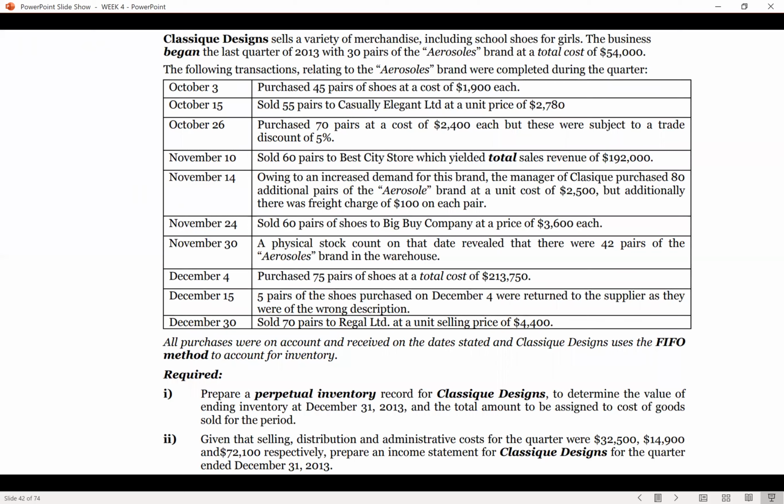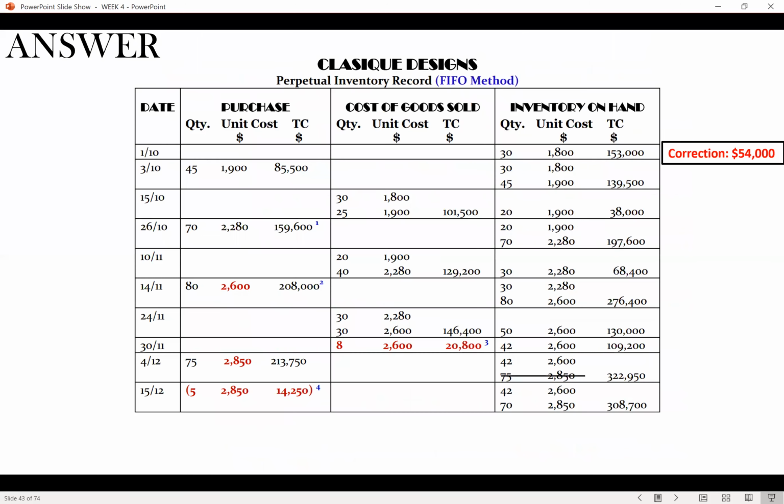So on December 30th, we sold 70 pairs, right? That's a unit selling price of 4,400. We go back to our last transaction and we look at our inventory on hand. Well, we have a set of 70. We can just give him that. Can we? No. We have to follow the principle of first in, first out.